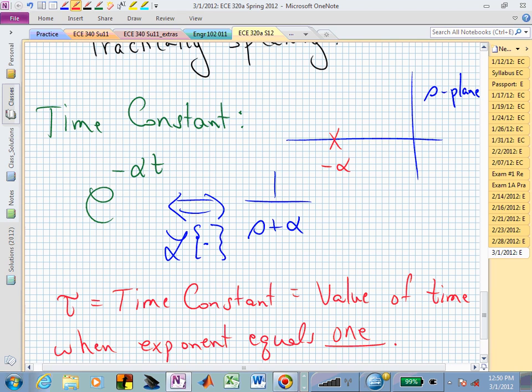So you're looking at e to the minus, and you want that whole expression to be 1. And what value of time t causes that to happen?